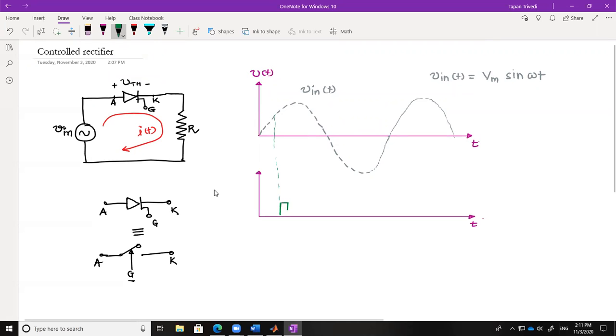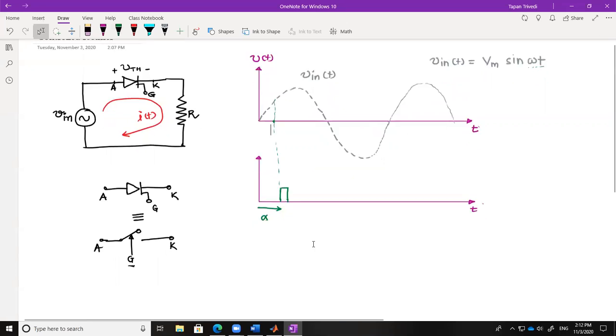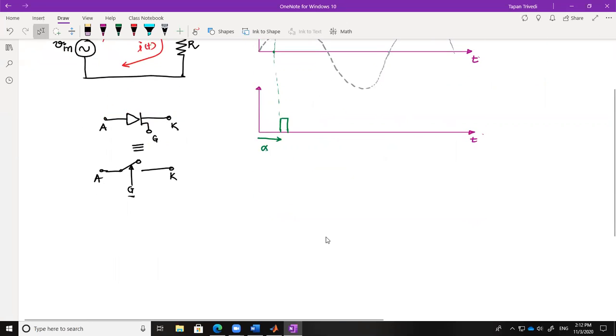So I'm going to give a small pulse which will be delayed by some angle alpha. This is alpha, which means when you give the signal at alpha to this G, so it is basically Vg.